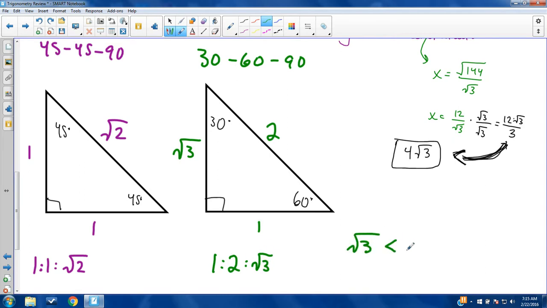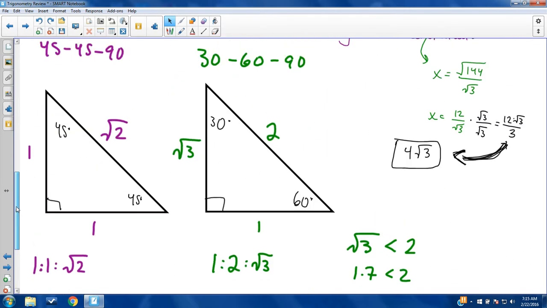What did I say the square root of 3 was before? It's about 1.7. 1.7 is less than 2. Your hypotenuse always has to be your longest side, so there's no way that this could be 2 and this could be root 3 and have this thing still make sense. So if you use this idea of 1 to 2 to root 3 in a 30, 60, 90, just make sure you know where things are placed.